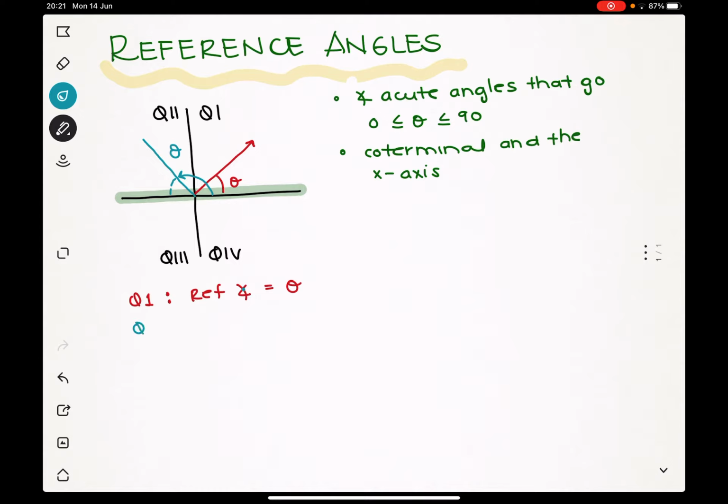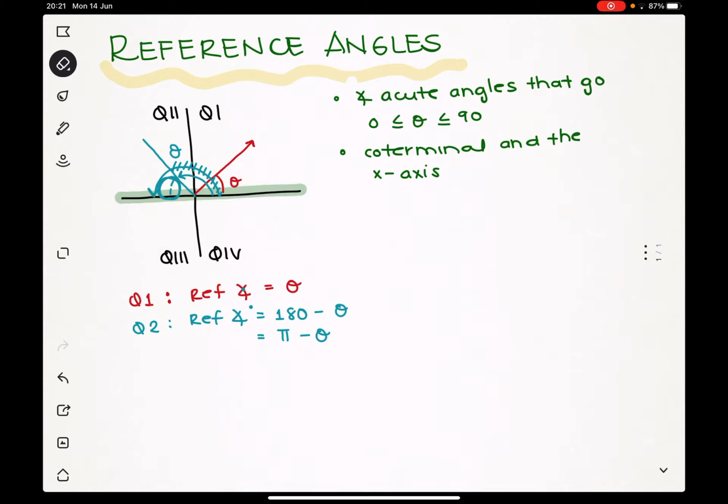So in quadrant 2, the reference angle is going to be 180 minus my angle. So it's going to be all this one minus this one. So I can have exactly this measurement right here. So we have 180. Remember that 180 is also pi. So we have pi minus my angle.